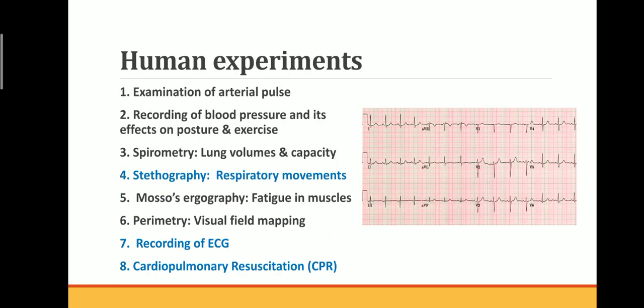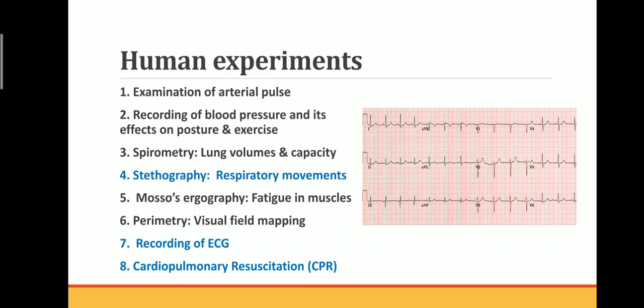Moving further, coming to human experiments, the second division of practical physiology. Here you do examination of radial pulse, recording of blood pressure and its effect on posture and exercise, spirometry to determine the lung volumes and lung capacities, stethography, recording of the respiratory movements, Mosso's ergography to demonstrate fatigue in muscles, perimetry to demonstrate visual field mapping, recording of ECG, and cardiopulmonary resuscitation.